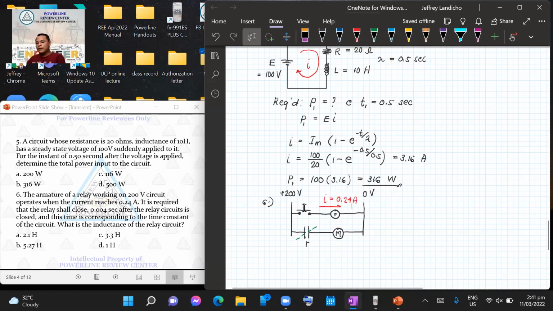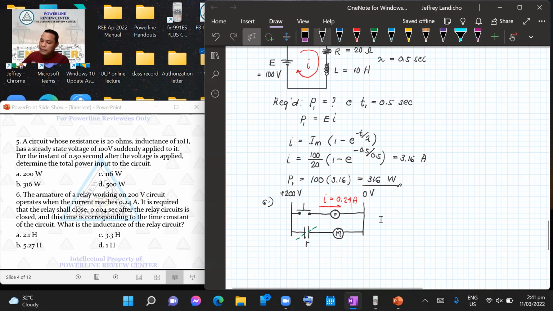When you switch it on, the current is not immediately 0.24 ampere. Just after switching on, our current is still 0, then it gradually increases. Based on the problem, this relay will be activated if the current passing through its coil is already 0.24 ampere.